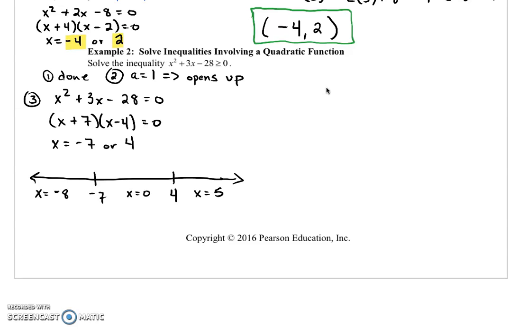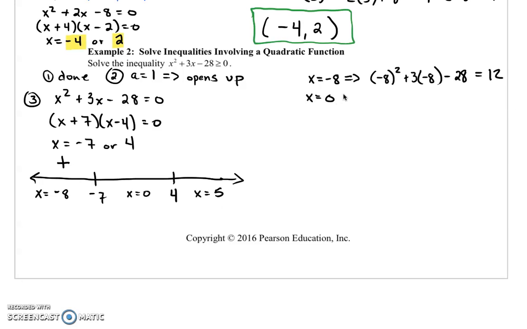So let's crunch the numbers now. If x is negative 8, then we have negative 8 squared plus 3 times negative 8 minus 28, which is going to be 12. So this one's positive.